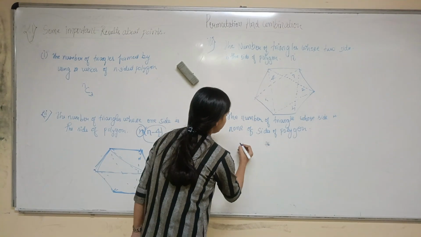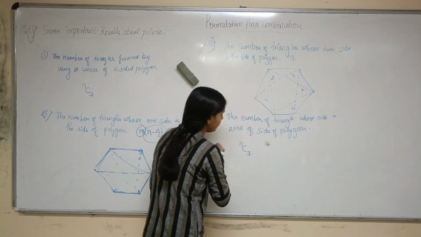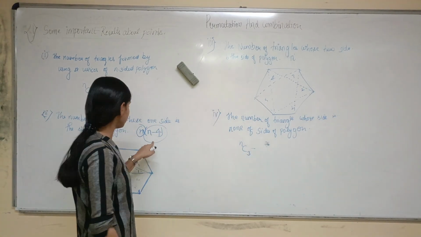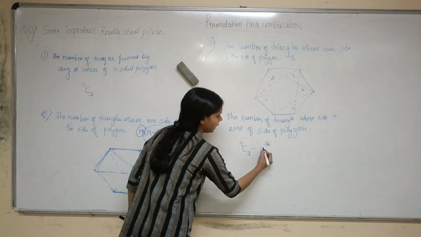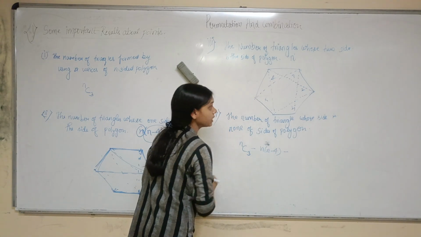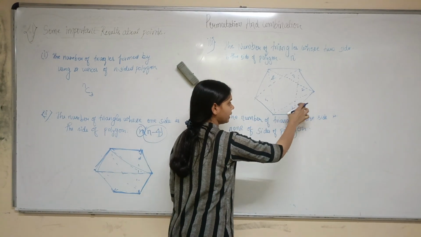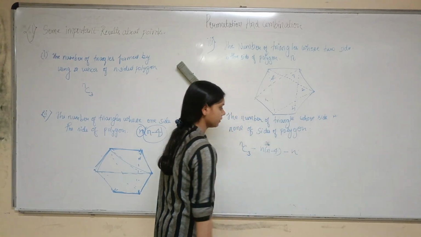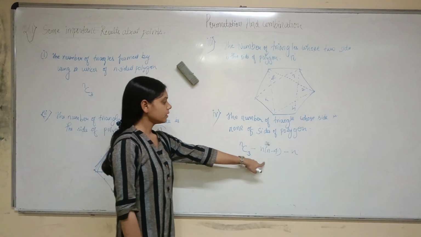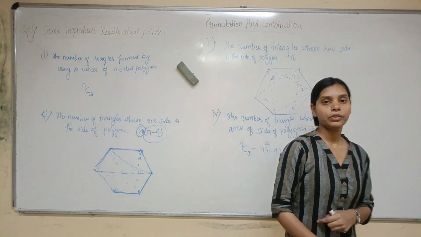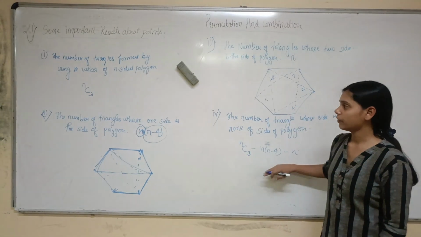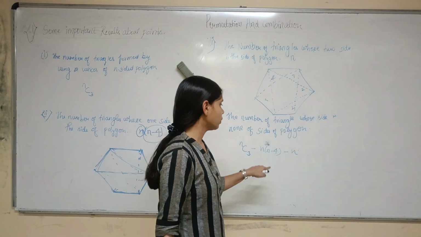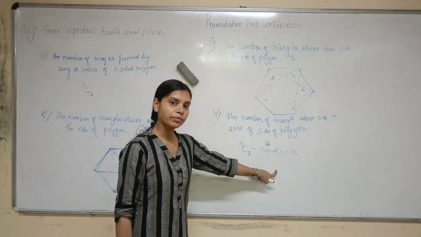So we can subtract from nC3, the total number of triangles, the one-sided ones, that is n minus 4 times n, and we subtract n also because of the two-sided triangles. Okay, so this is the result which is obtained. So if you get any type of question regarding this in your JEE Mains examination, then within 2 to 3 seconds you will get the result by putting the value of n here.